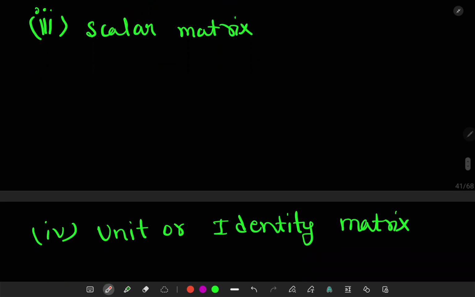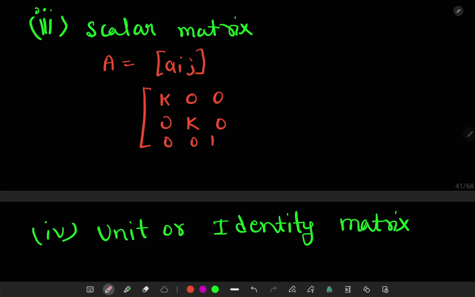Now scalar matrix. If the diagonal elements are equal, let us consider a general example of order 3 into 3.